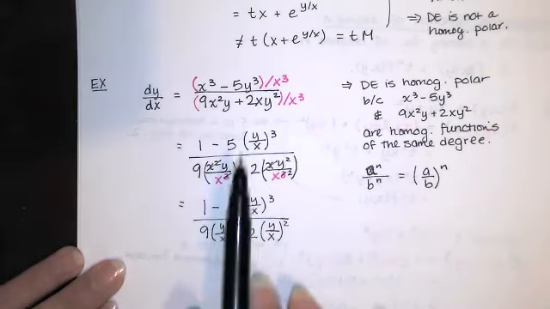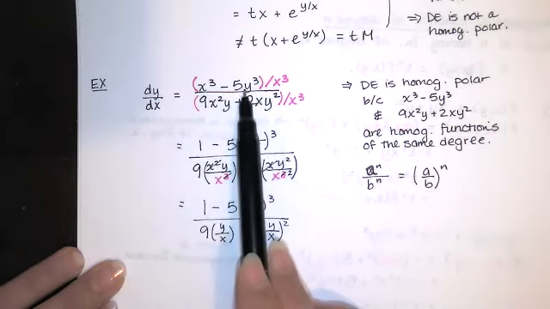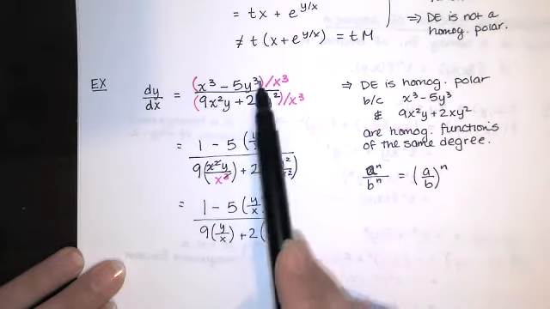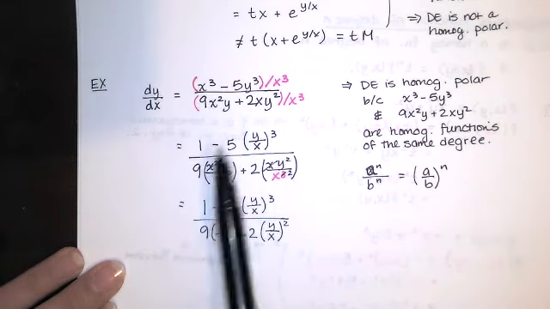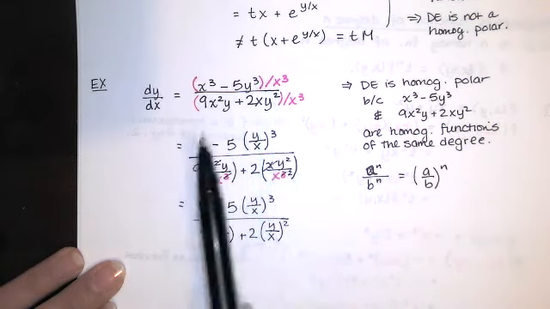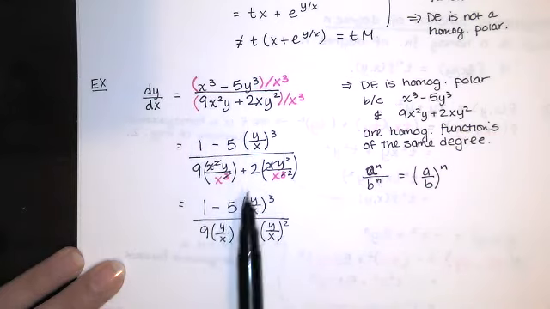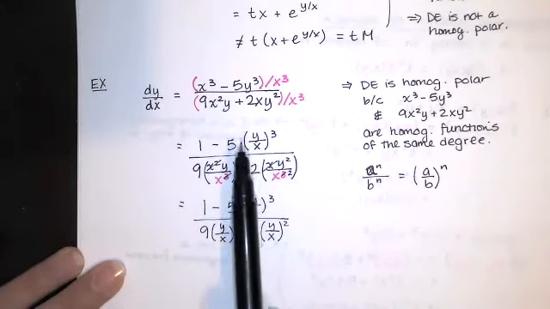And in practice, what you're going to do algebraically is look for whatever power y is raised to in the numerator, and try to make that look like a y over x raised to that power. So if this is a y to the 4th, I would divide everything by x to the 4th. If that was a y to the 5th, I would divide everything by x to the 5th. And that would work in getting me a result that looks like this.